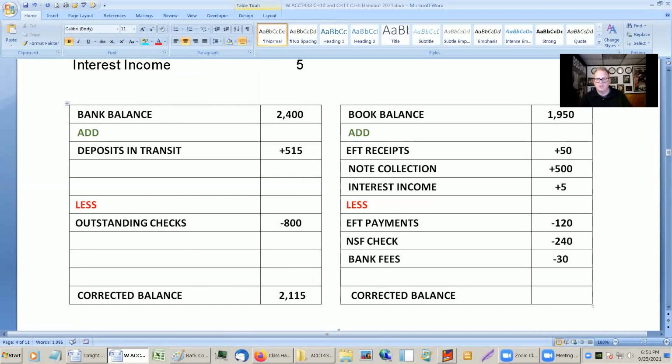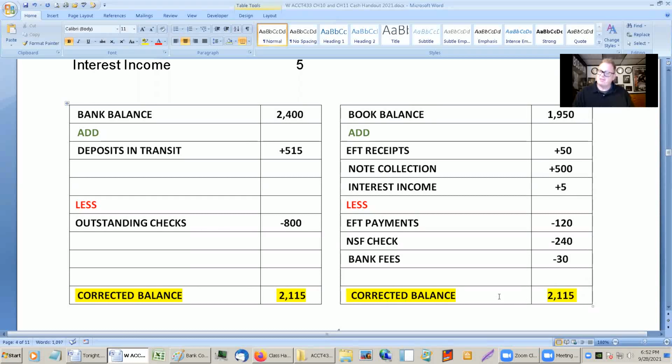For both of them? Correct. So this is the whole idea behind the bank reconciliation. You start out with two different numbers up here. Usually they're not the same, but coming down here, this is where you have the corrected balance.